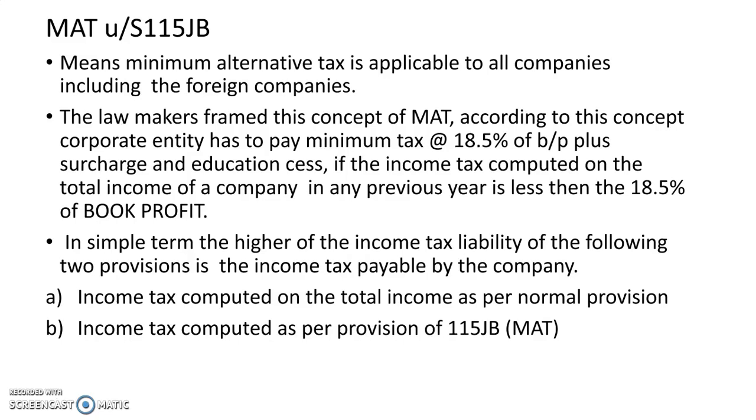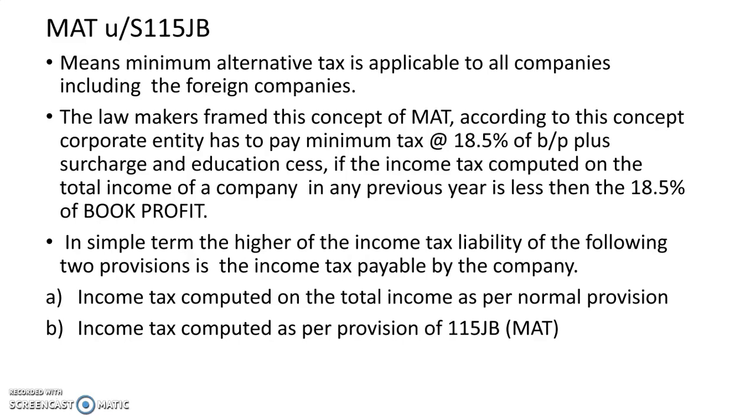The lawmakers observed that many companies disclose more profit in their accounts in their annual general body meeting for the purpose of shareholders. But when it comes to tax, they show less profit, or sometimes no profit at all, to pay less tax to the government. To put an end to this, MAT was introduced.